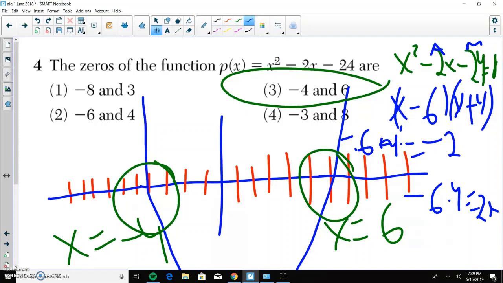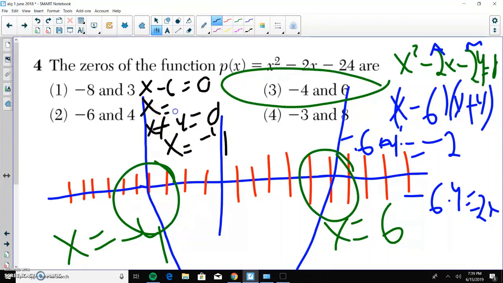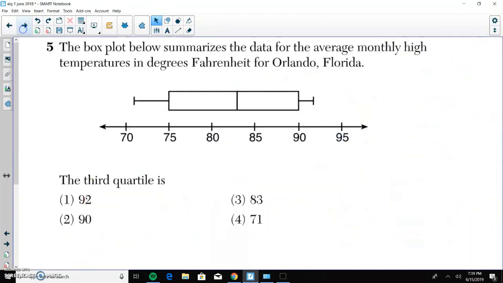So when you set x minus 6 to 0 and x plus 4 to 0, you'll get x equals negative 4 and x equals positive 6. So that's just another way to do it if you want to do it algebraically.